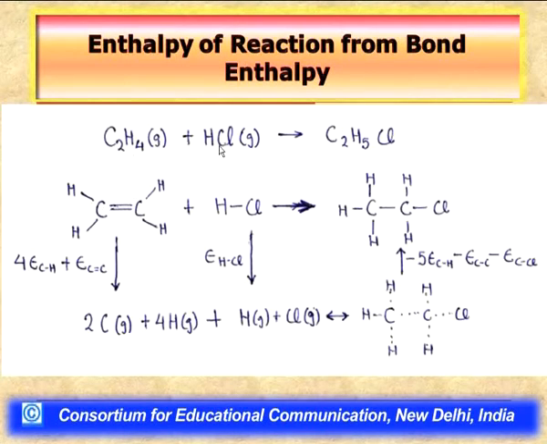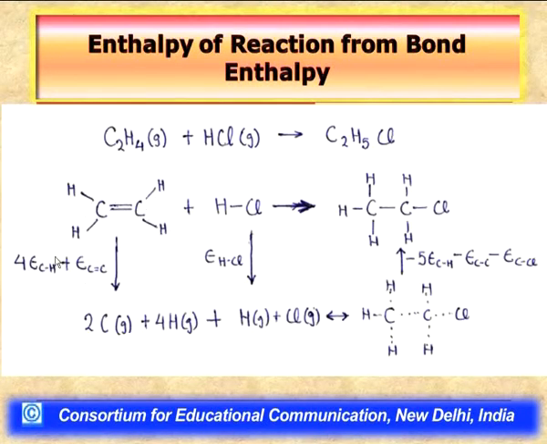Each has 1 as the stoichiometric coefficient, and when ethylene undergoes decomposition, it requires heat corresponding to dissociation of 1 carbon-carbon double bond and 4 carbon-hydrogen single bonds.